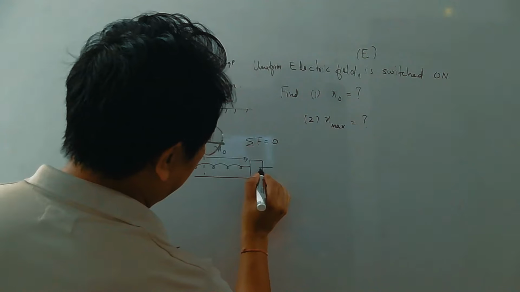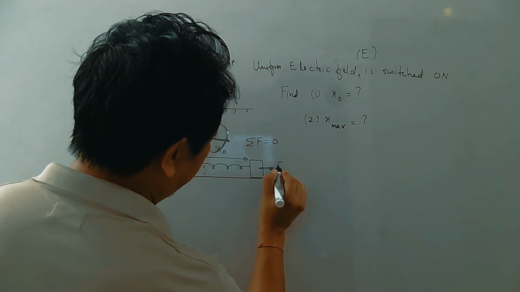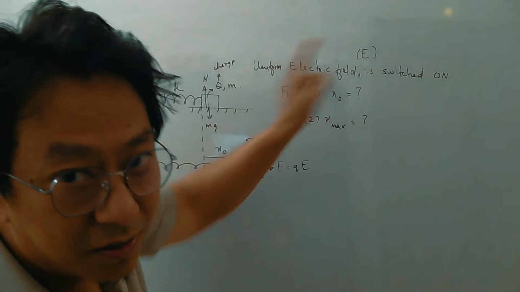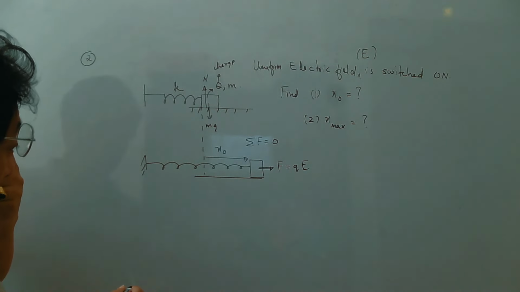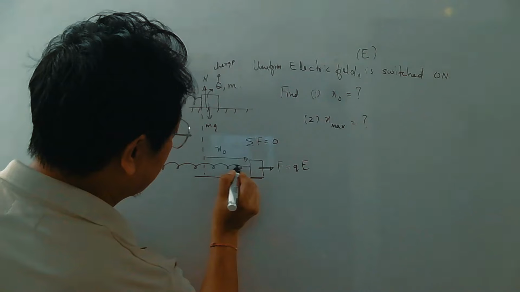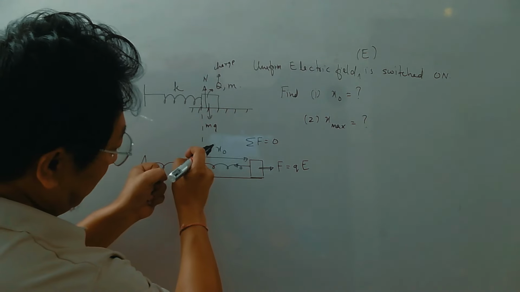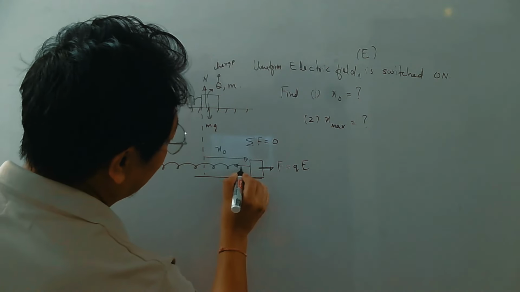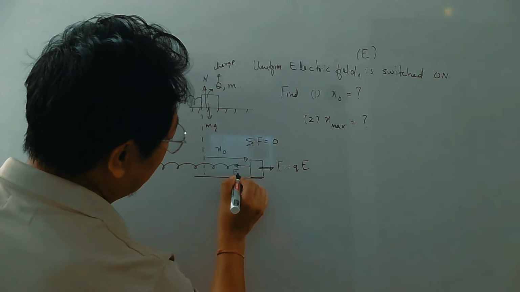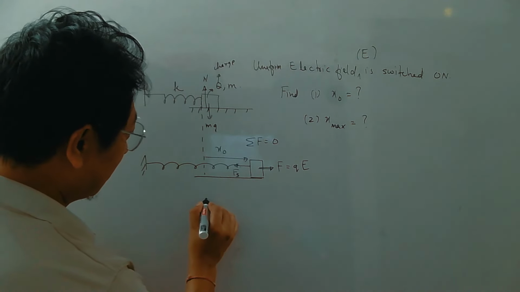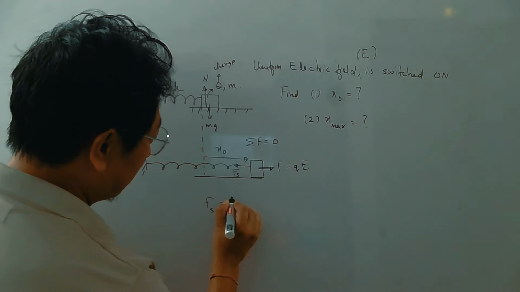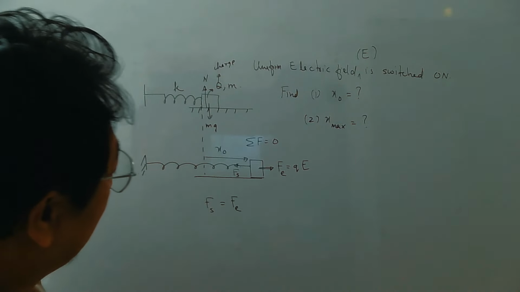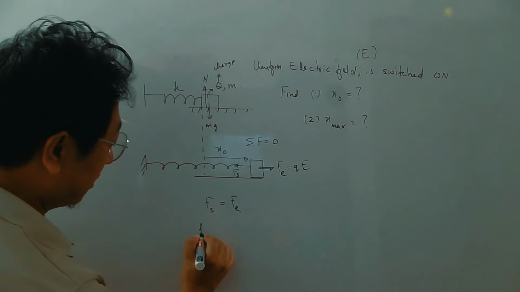So here, when the body is in equilibrium, what are the forces? Well, this side there will be electrostatic force, which is equals to Q into E, because E is given, isn't it? And there will be spring force this side, because when the spring is stretched this way, spring force will be this way, opposite, right? So this will be your spring force, and in equilibrium, spring force should balance your electrostatic force. Let me call it Fe, E for electrostatic, and spring force is Kx.